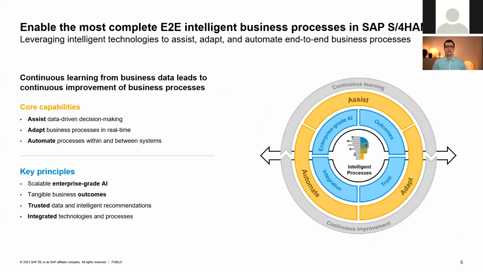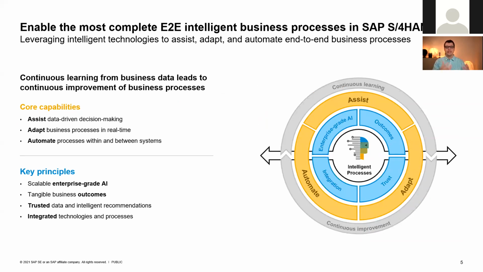I'll keep the introduction brief here so we can really have an interactive session and more of a dialogue rather than a one-way conversation. But the part that's really important for us when we look at how we make that happen is that we think about it as 3 A's. We want to help assist the end user making better decisions and data-driven decisions.